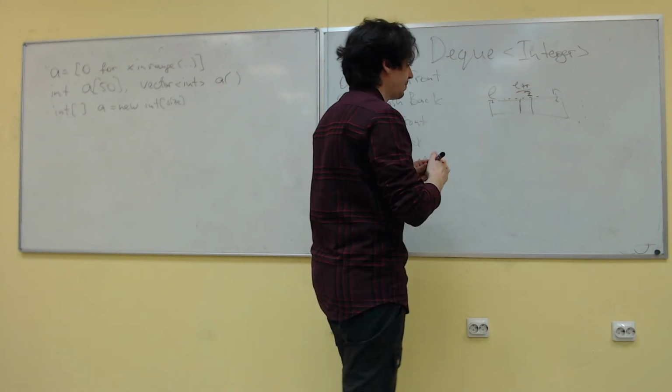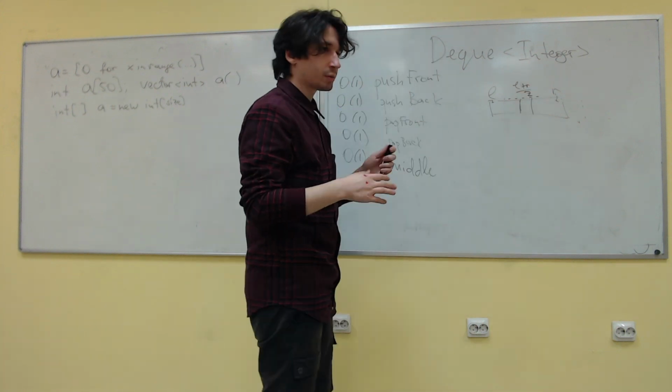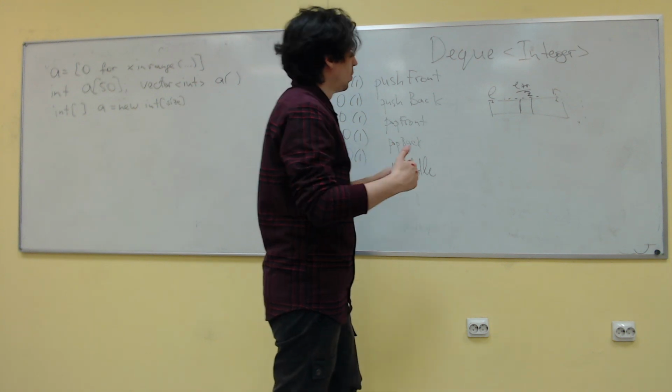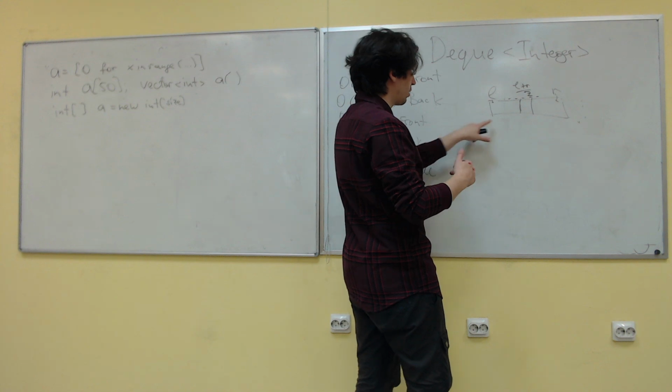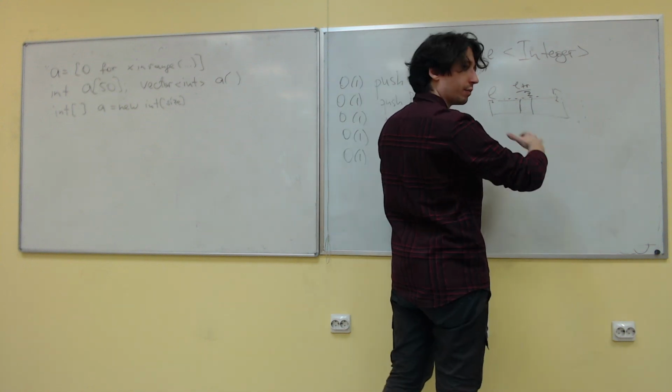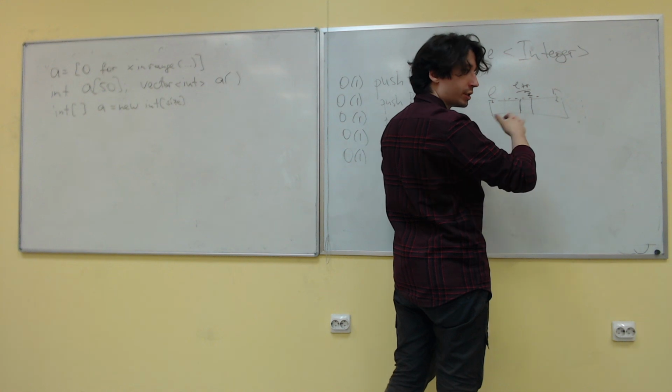But it is a little bit complicated to implement such a Deque when you have to decrement L sometimes and increment R, so this array should be circular or something like that.